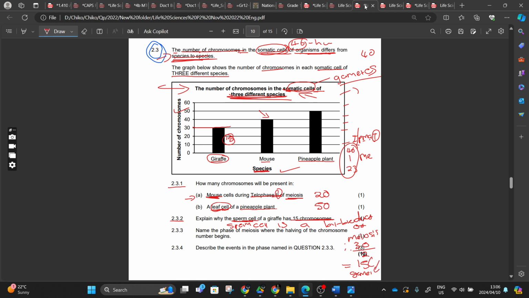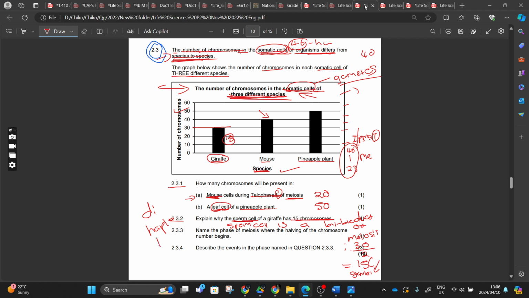So you'll play with the words the way you'll understand this better, but the main keywords there for those 4 marks: the sperm cell is a gamete, right? And then formed from meiosis. Byproduct, we are saying that it is formed after meiosis. And then we know that after meiosis, a cell has to move from a diploid to a haploid, right?